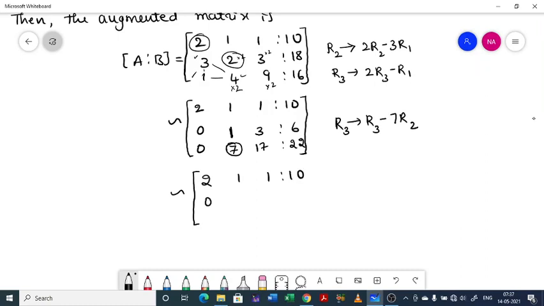Second row 0 1 3 colon 6. Third row will be 0, 7 minus 7 is 0, 17 minus 21, so I get minus 4. And 22 minus 7 into 6, which is 42, so 22 minus 42, I get minus 20.